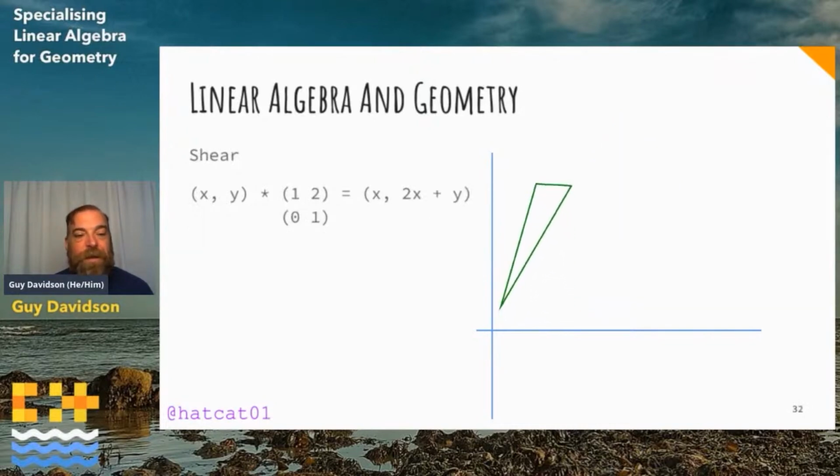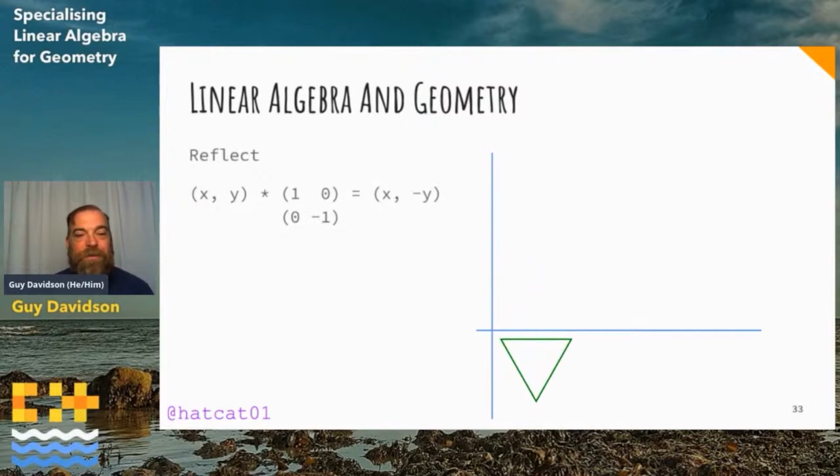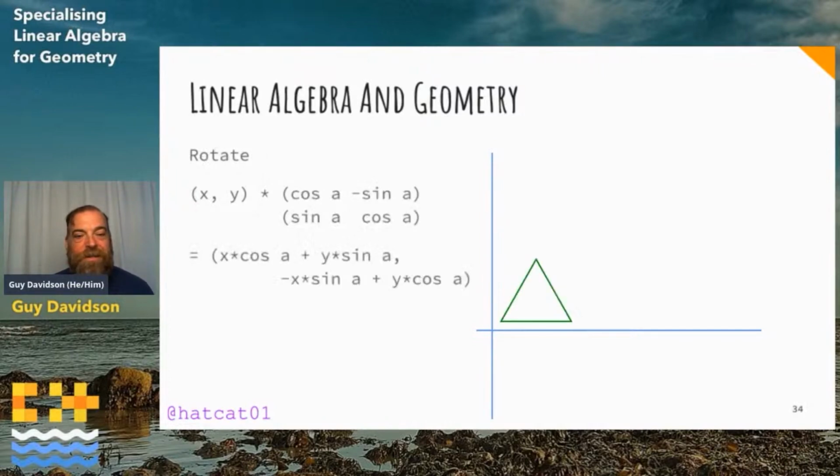Shearing means scaling x and y by different amounts, which we achieve in this way. Reflecting means multiplying a particular ordinate by -1. And finally, rotating, slightly more complex, requiring this matrix multiplication.